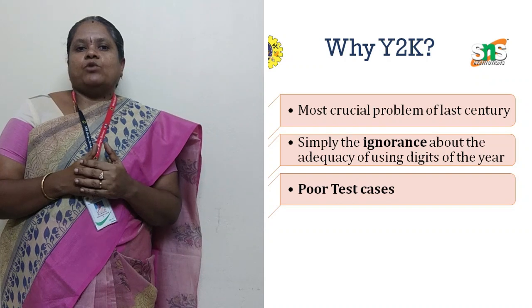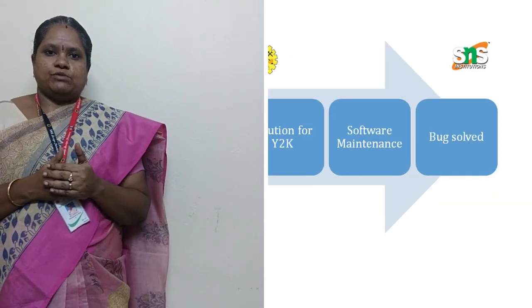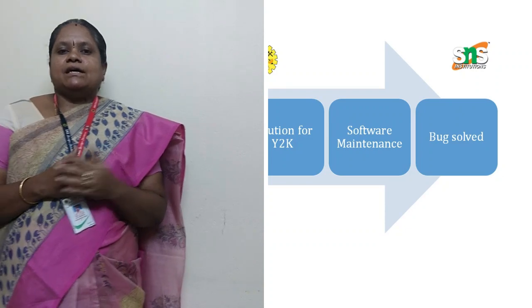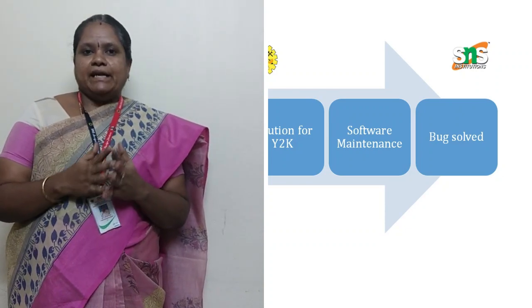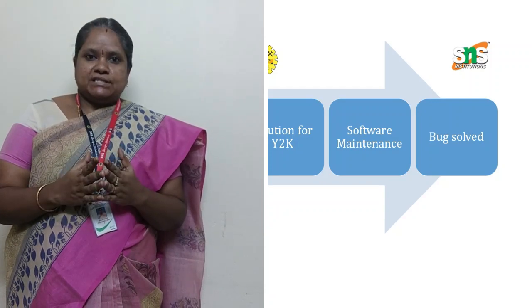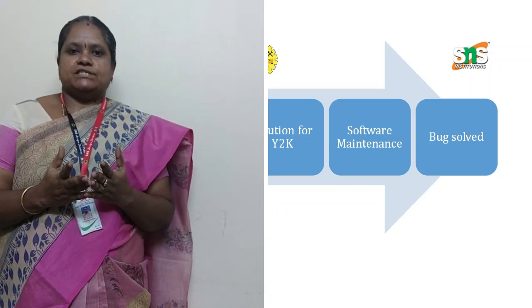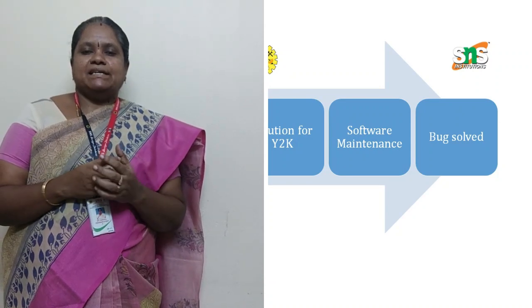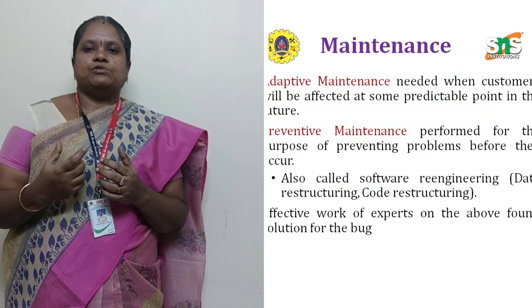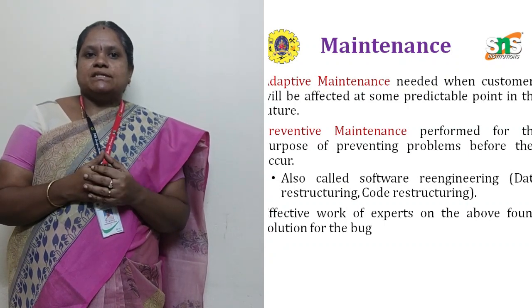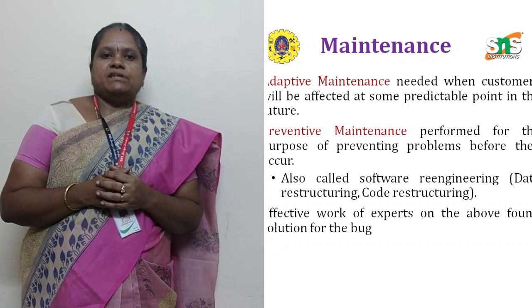So people thought, what will be the solution for this Y2K issue? Maintenance engineers worked on it, and at last the bug came to an end by converting the 2-digit date into a 4-digit numeral. We could say it in a single sentence, but it took so many years and so much money to solve this issue.